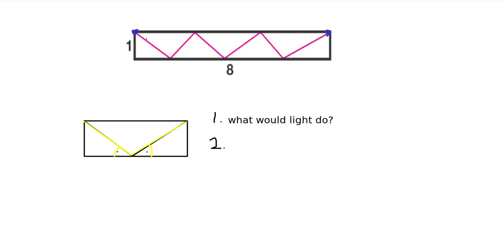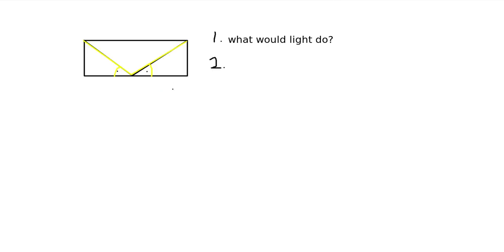So I don't think thinking about what light would do would really solve this problem, because we could solve the problem for just this rectangle alone, but this rectangle could vary depending on the first 2 zigzags. So we need a more versatile approach to this problem.